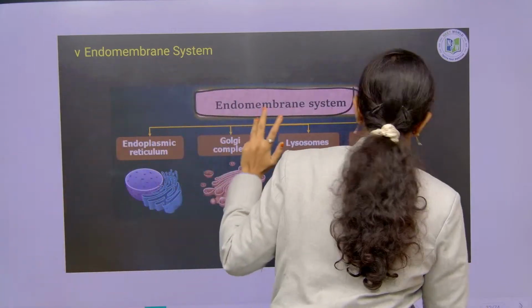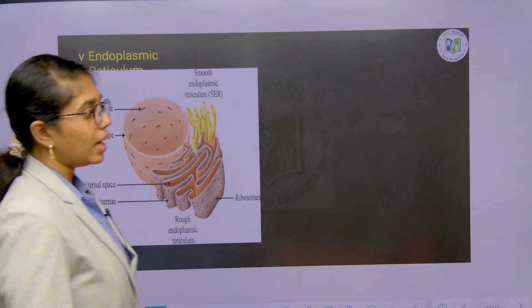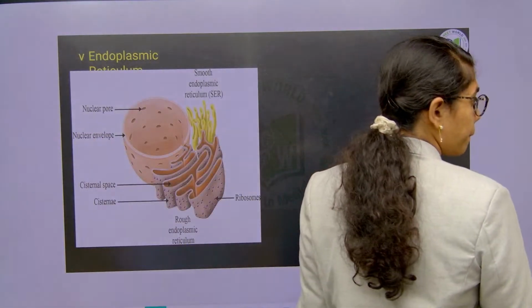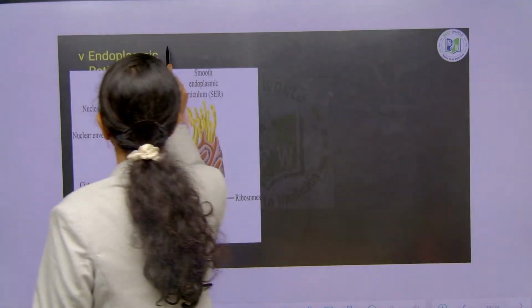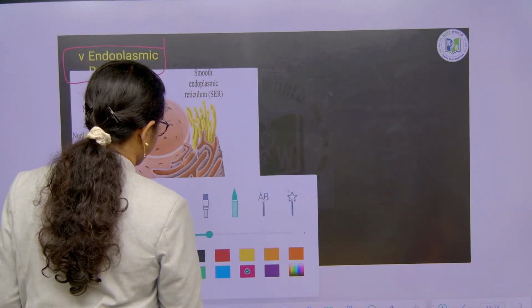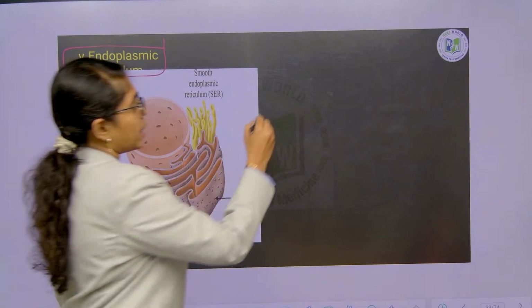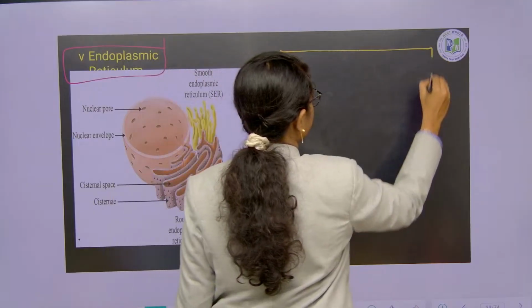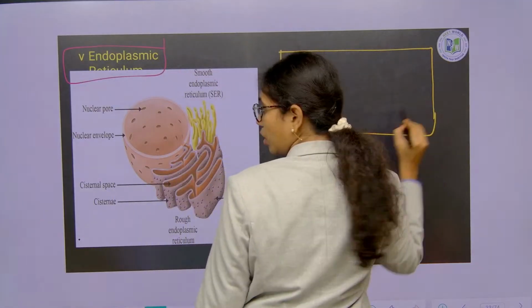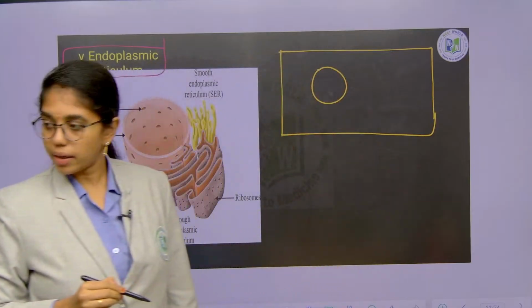First we will see the endoplasmic reticulum. Rapid revision will be at the end of the chapter, ma. If you take this as a cell, and this the nucleus, we will learn the nucleus under double membrane.